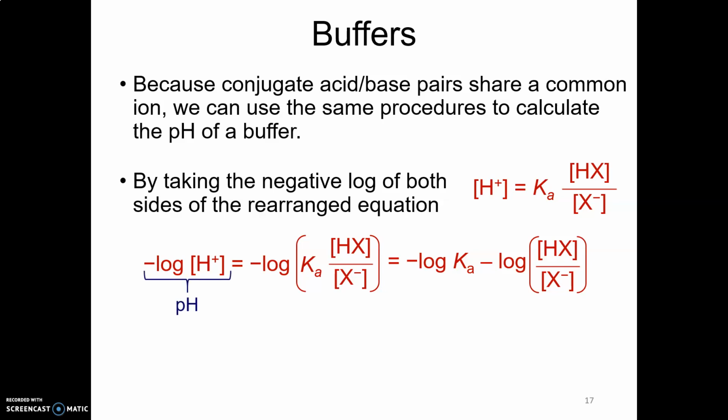Negative log of Ka, that's pKa, right? So now we're seeing things that we're familiar with, things we've already discussed in this class. So we can rearrange this equation to say that pH is equal to pKa minus the log of the concentration of acid over the concentration of base.